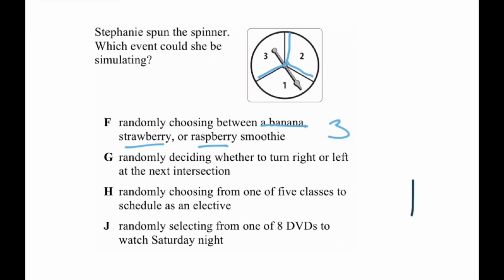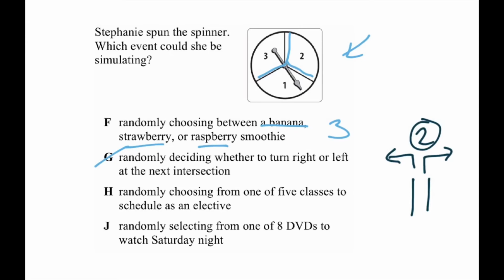If you're driving down an intersection, you can either turn right or turn left, which only gives us 2 options. So having 3 spaces on a spinner does not do us very good. A good situation for this could have been flipping a coin, or something that only has a 50-50 chance. So I'm going to go ahead and cross out G. It doesn't really match our situation that well.